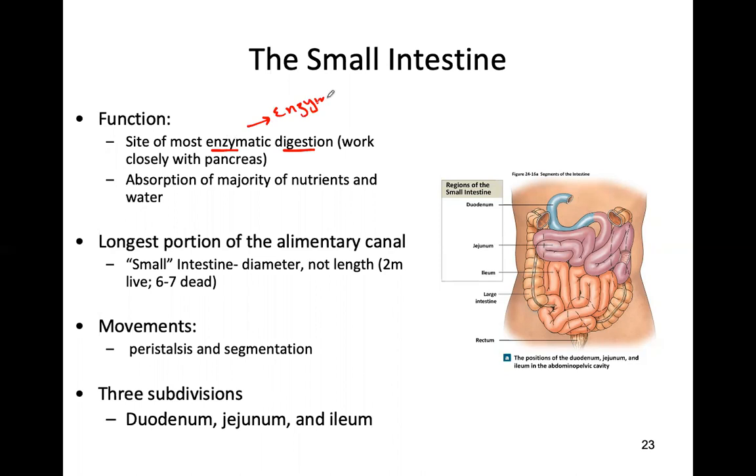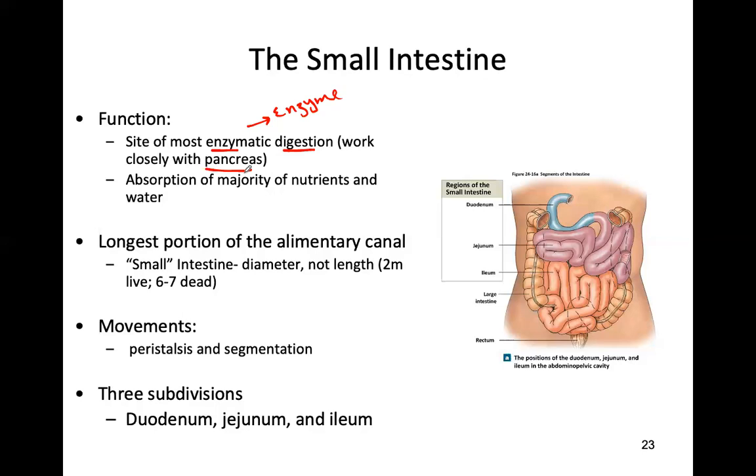Anytime you hear the word enzymatic digestion, you need digestive enzymes. And for that, they work very closely with your pancreas to accomplish that. And then they're also going to absorb all the nutrients that have been broken down into your blood vessels. You also absorb a significant amount of water from your food as the food passes through your GI tract.